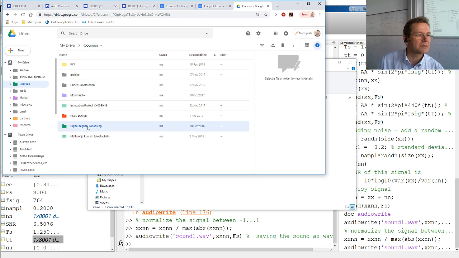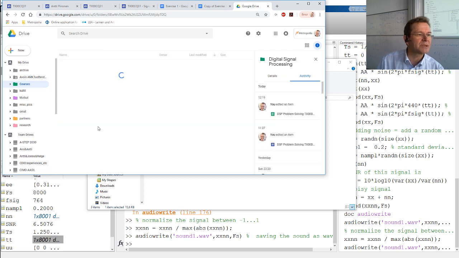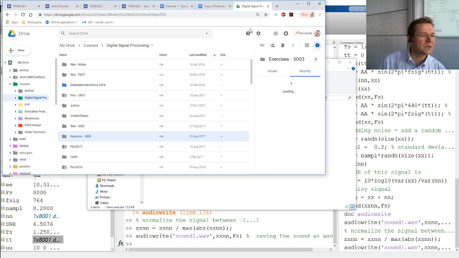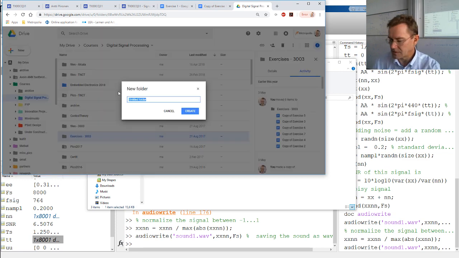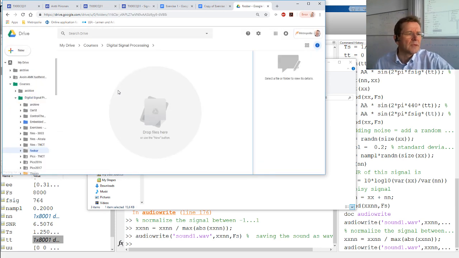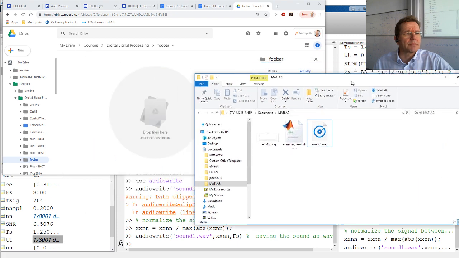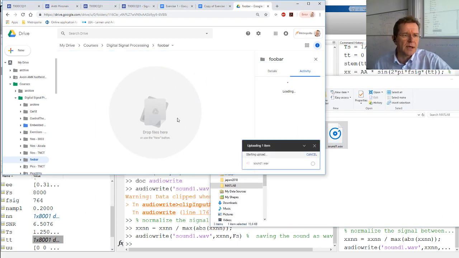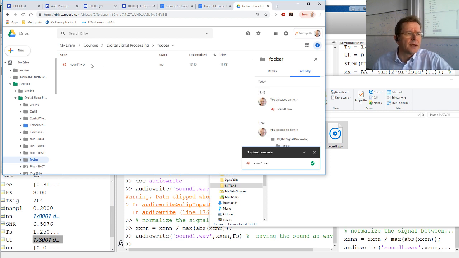Somewhere in there, it's up to you where you put it, but anyways, I'll just make a new folder here. Foobar. Okay. Sound. Copy it there. Not done yet.